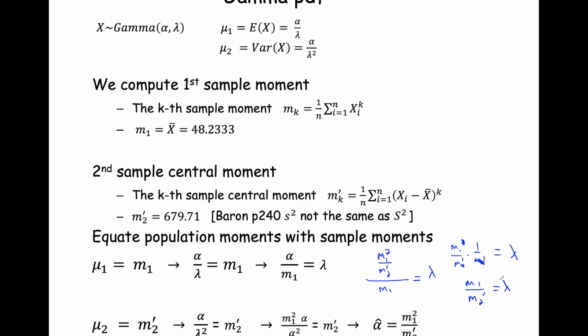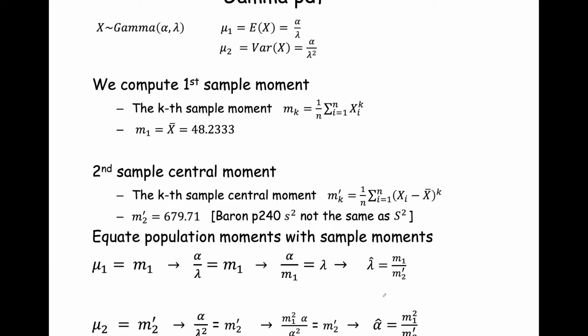Because it's an estimator, you call it lambda hat. So with this, we get lambda hat. The estimator for lambda is going to be m1 over m2 prime. And alpha hat, the estimator for alpha, is going to be m1 squared over m2 prime.